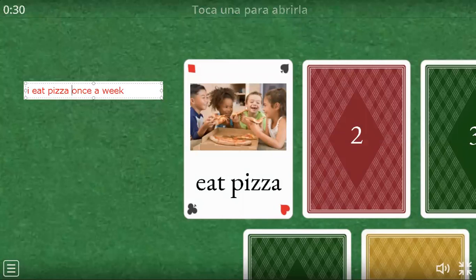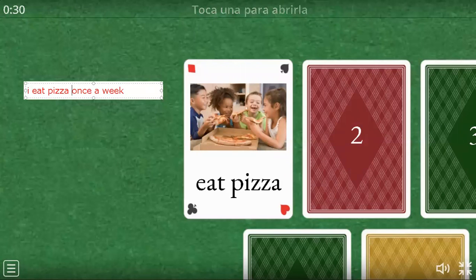How about you guys? How often do you eat pizza? Once a month, twice a month, monthly. Okay, give me the full sentence, okay? I eat pizza once a month, twice a month, monthly, very good, or weekly, okay?